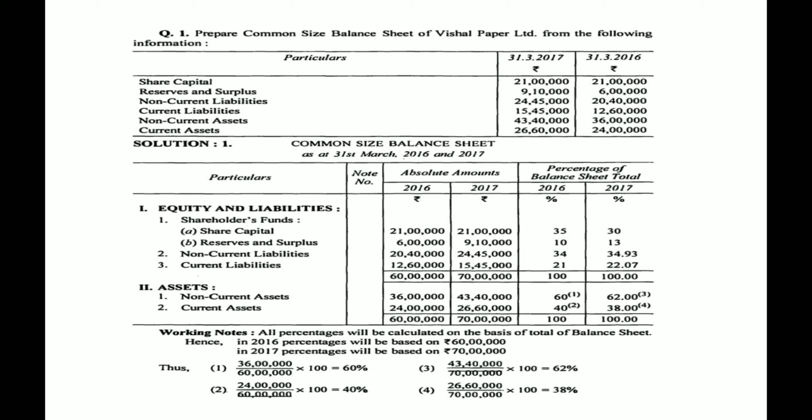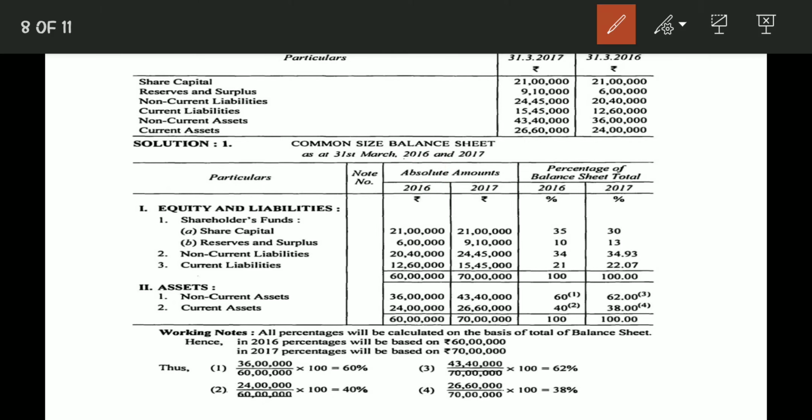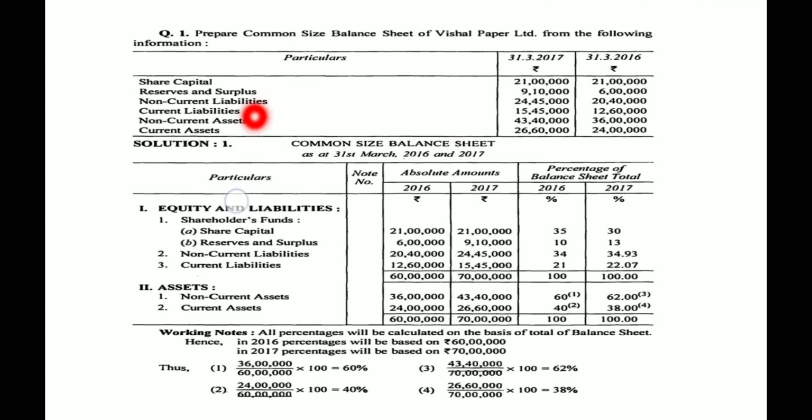Now the first question is: prepare a common size balance sheet of Vishal Paper Limited from the following information. This is the first practical of your book, that is DK Goel. Okay, so here the solutions are given. You can easily use them. So first of all, share capital. It is the current year 2017 and the previous year.